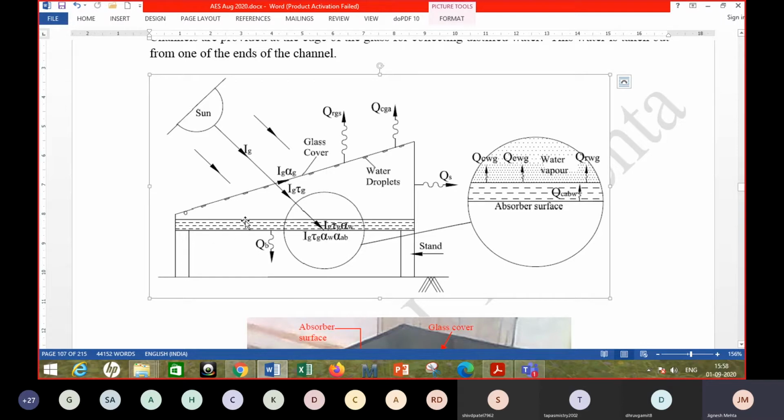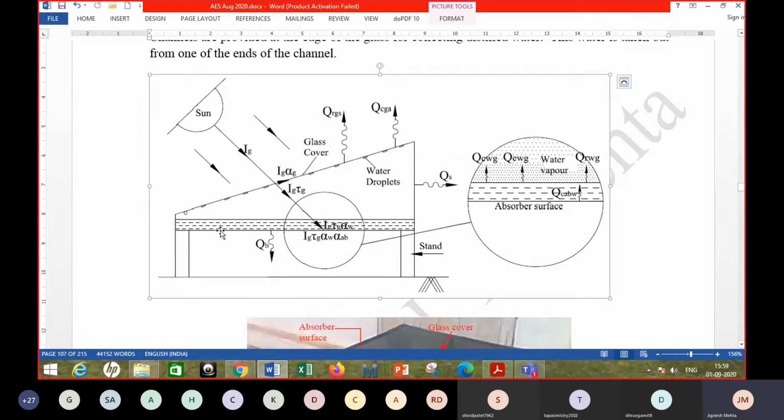Now, because the whole basin becomes hot, it will lose heat to the atmosphere through its walls also. It's not only through glass that it will lose heat. From the bottom it can lose heat.